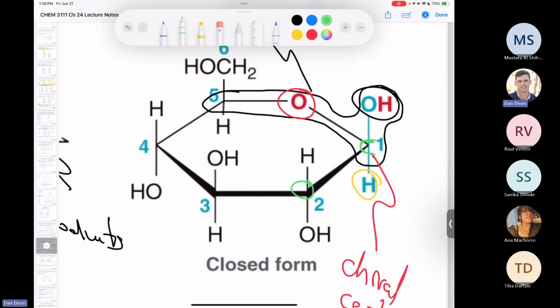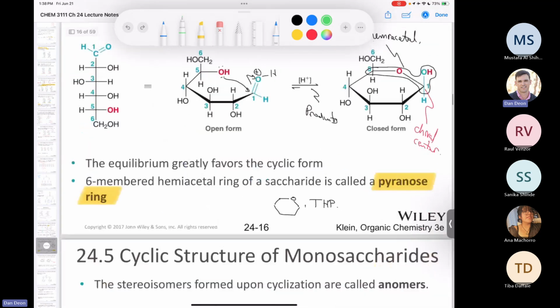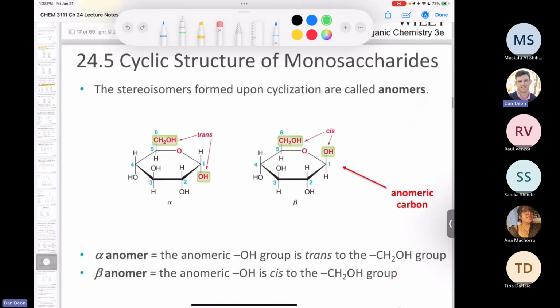So yes, clearly this is a chiral carbon. So that means we could end up with 2 stereoisomers. We could have either the hydroxyl pointing straight up or pointing down. If it's pointing down, then we say it's trans to the CH2OH group on carbon 6. If it's pointing up, we say it's cis to that group on carbon 6.